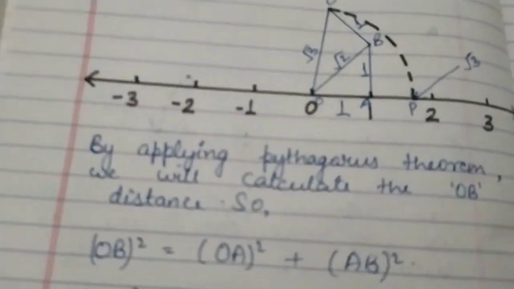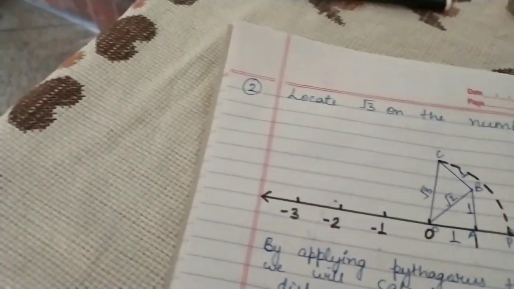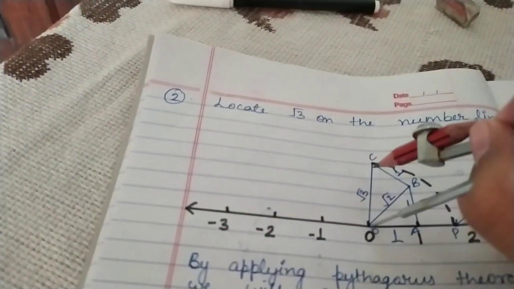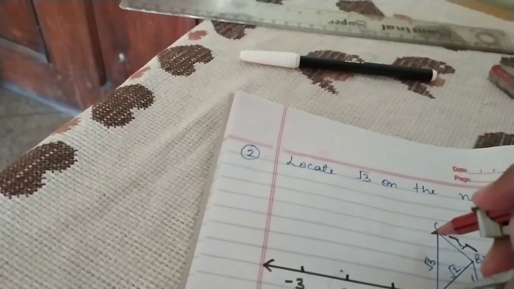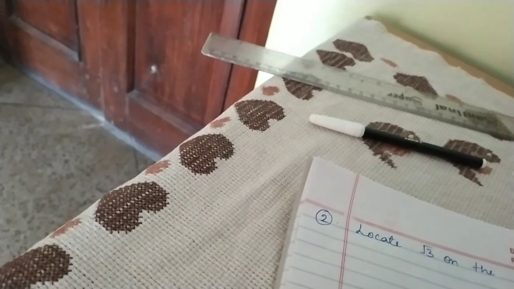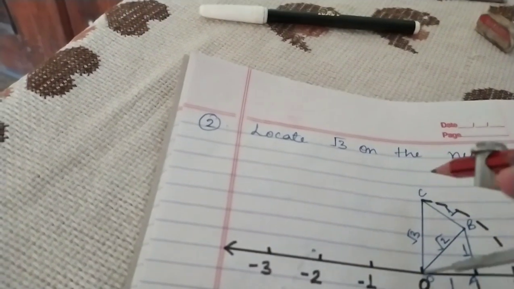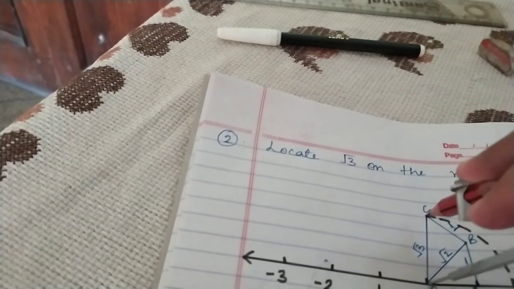Now, similarly as we did in our previous question, we consider O as our center and the radius of root 3.